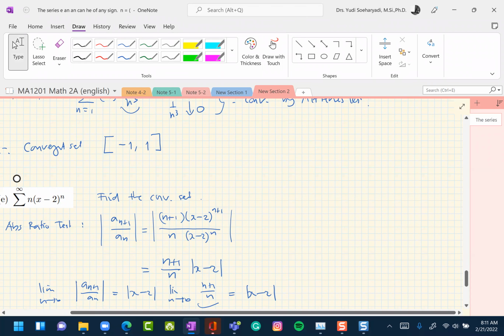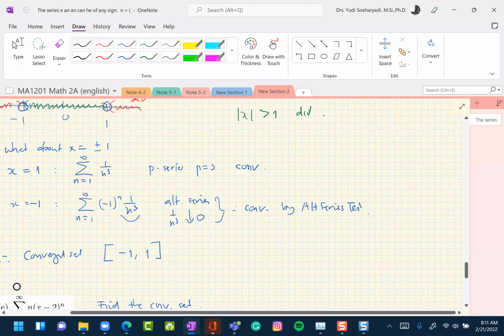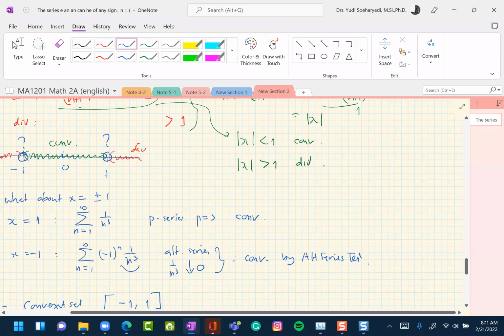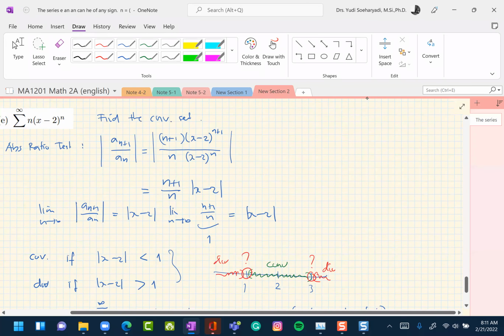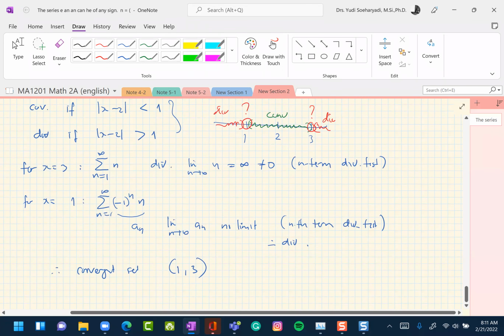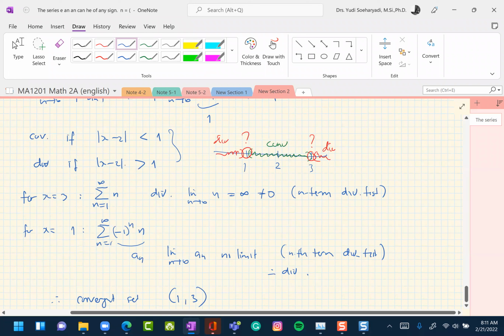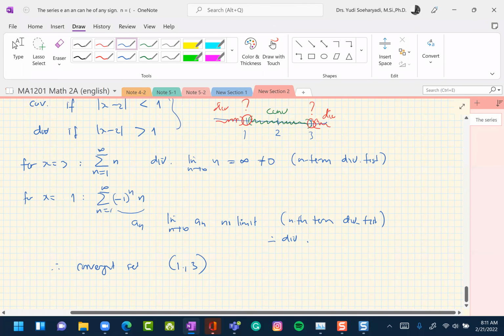This is symmetric to 0 here. And this other one is symmetric to 2, because the center is 2. Symmetric, so distance 1 to the left, distance 1 to the right. So centered at 2.